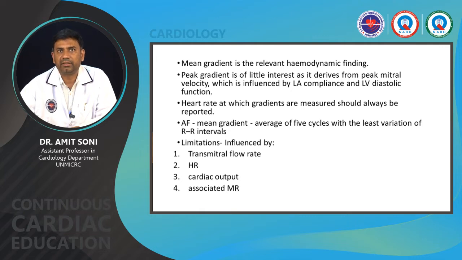Peak gradient is of little interest as it derives from the peak mitral velocity, which is influenced by the LA compliance and LV diastolic function. Heart rate at which the gradients are measured should always be reported. In AF, mean gradient is the average of 5 cycles with the least variation of RR interval. The limitation is that it is influenced by the transmitral flow rate, heart rate, cardiac output and associated mitral regurgitation.